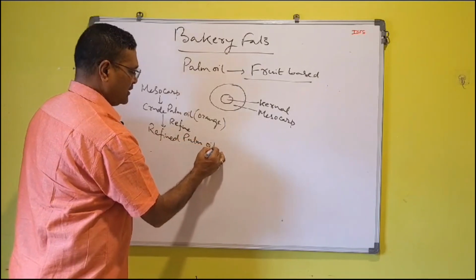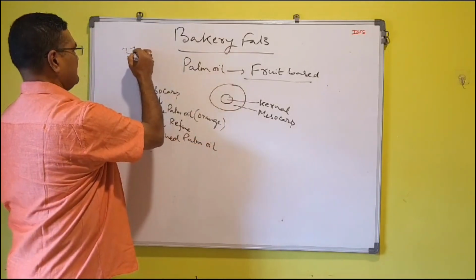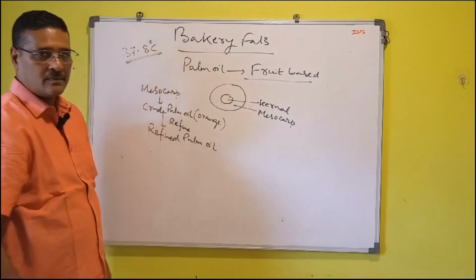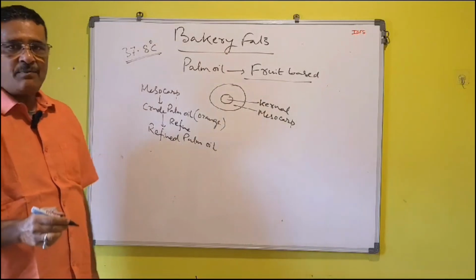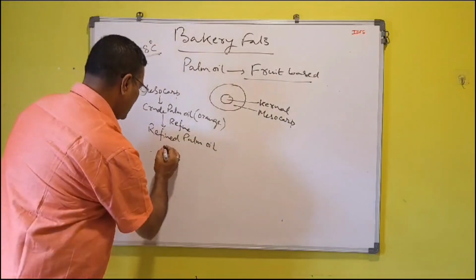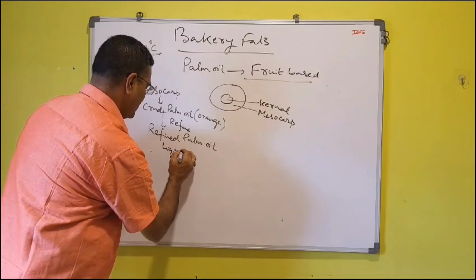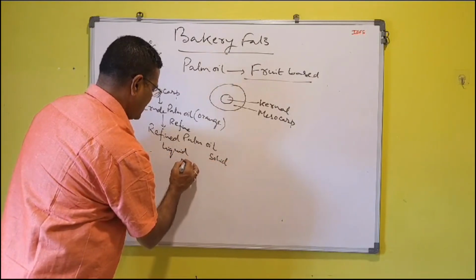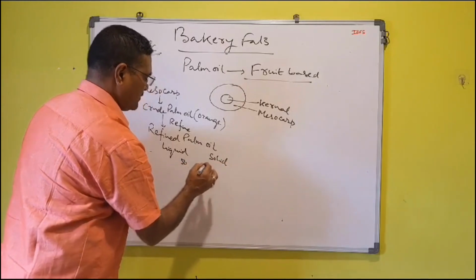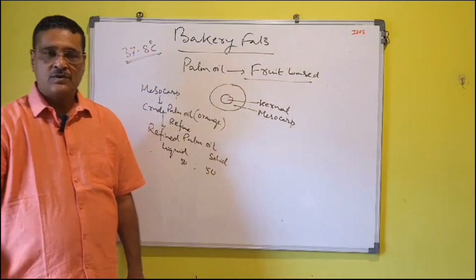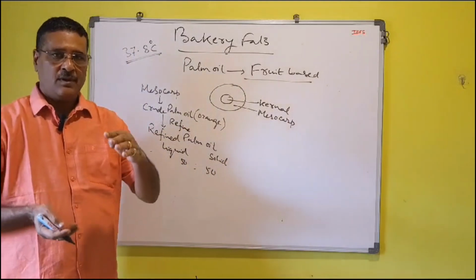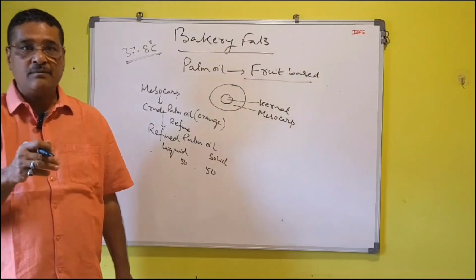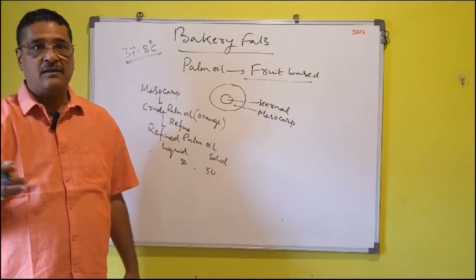Remember, our tongue temperature is 37.8 degrees centigrade. This refined palm oil has a liquid part and a solid part in the ratio 50:50. So if I were to keep palm oil at ambient temperature, now in India, ambient temperature is a huge difference unlike another country.